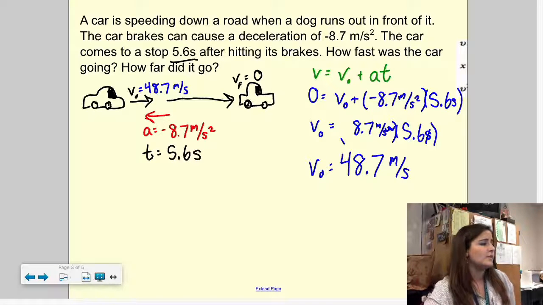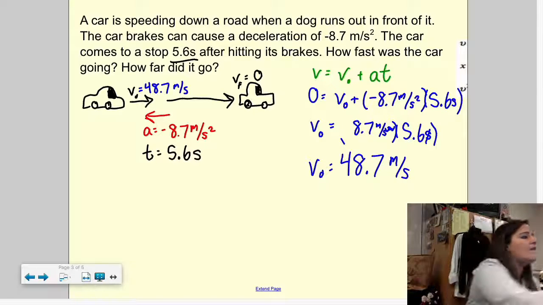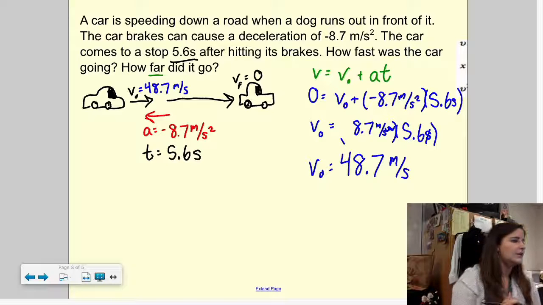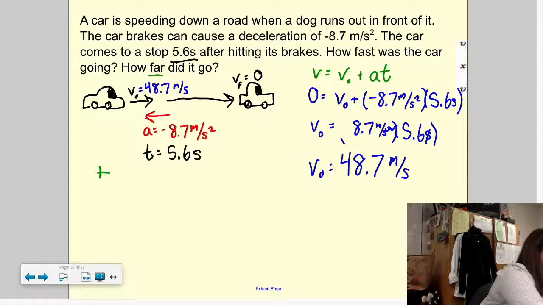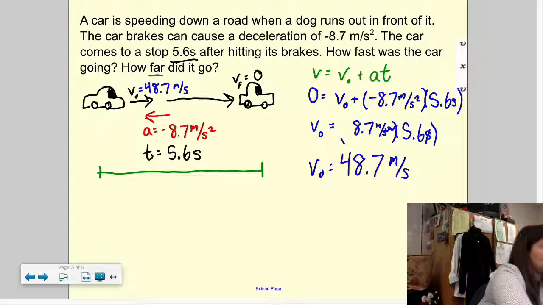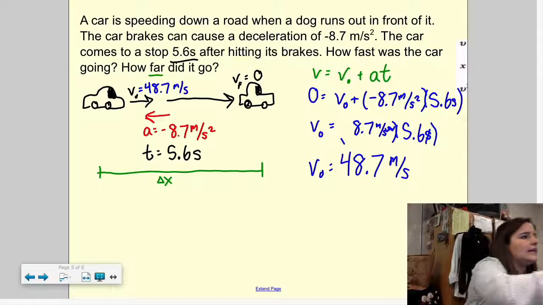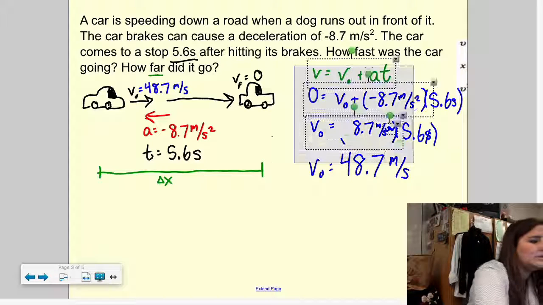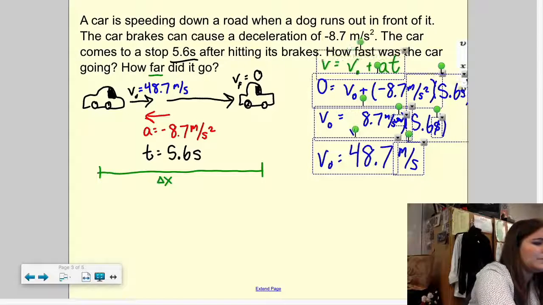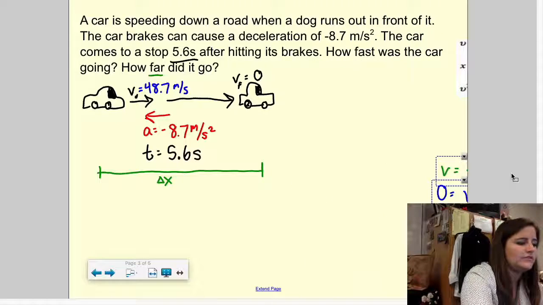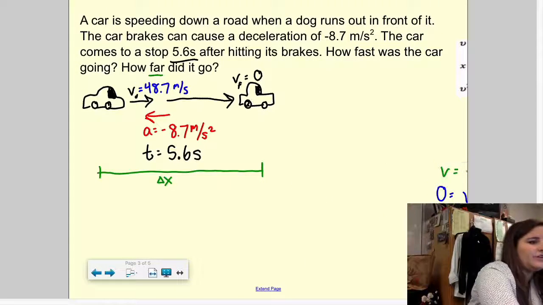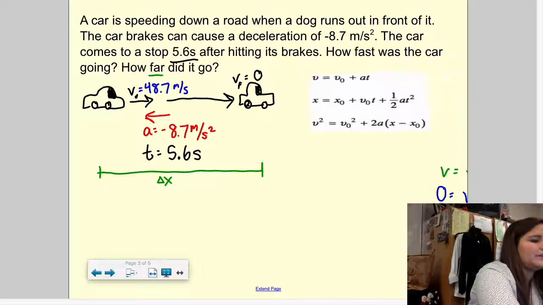The next part of the question says, how far did it go? Okay, so distance is typically represented by delta x. Let's go ahead and move this part of the problem off to the side now that I have that written over there, and let's look back at our equations.